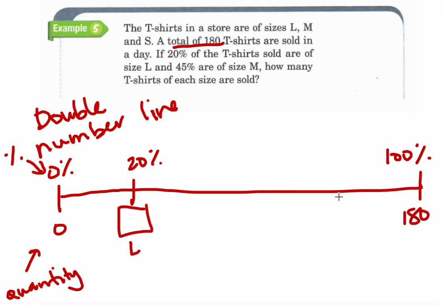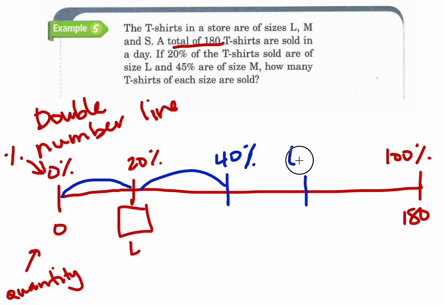So then you're going to divide up your double number line. For example, I know that if I jump 20% each time, 20%, 40%, 60%, 80%, 100%.